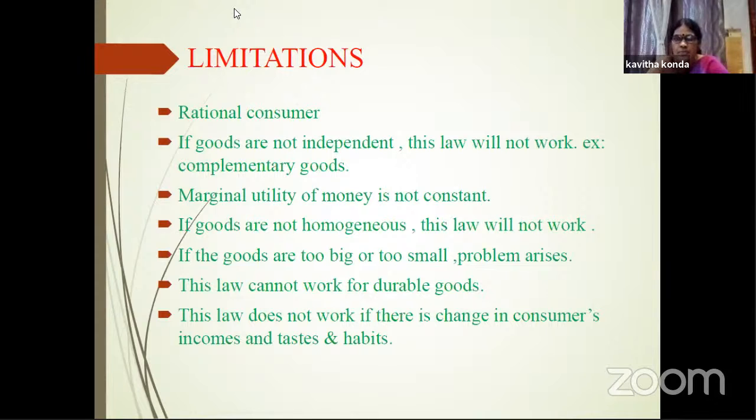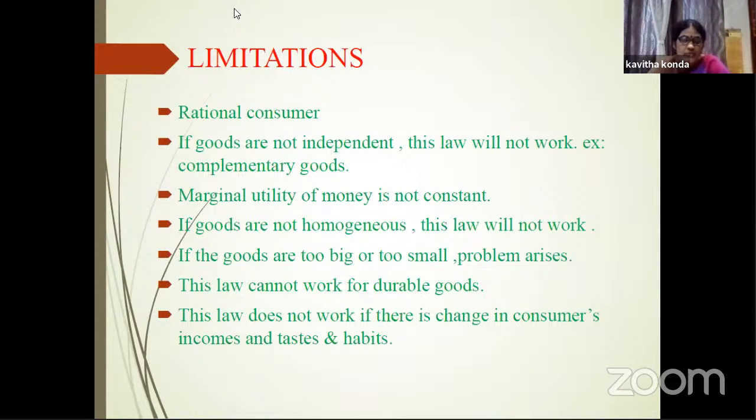In order to prepare coffee or tea, we need both milk and coffee powder or tea powder. If you want to write on paper, we need pen and paper. They are complementary goods. Car, petrol, diesel. These are complementary: for the consumption of a car, we need petrol. The utility depends on the other goods' utility also. So it is not realistic.